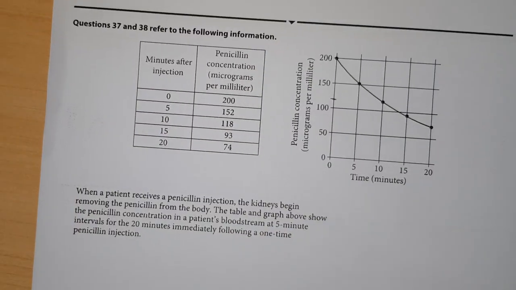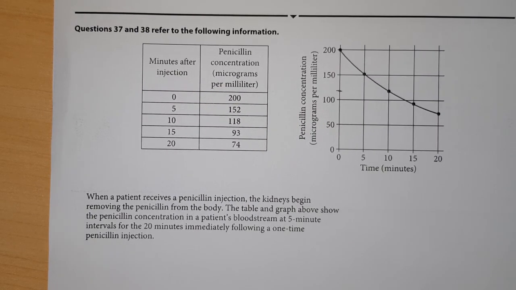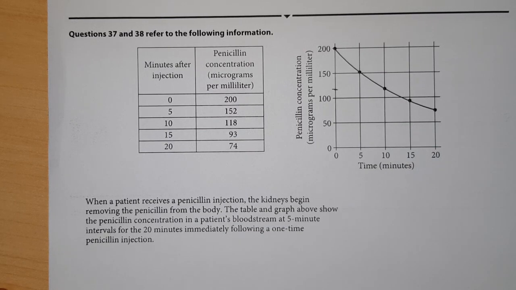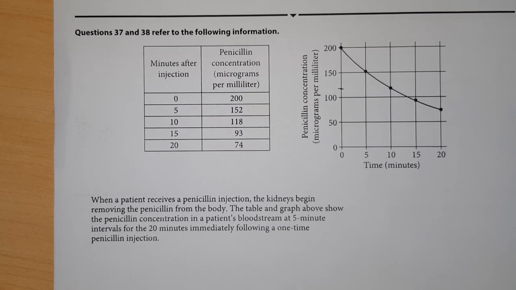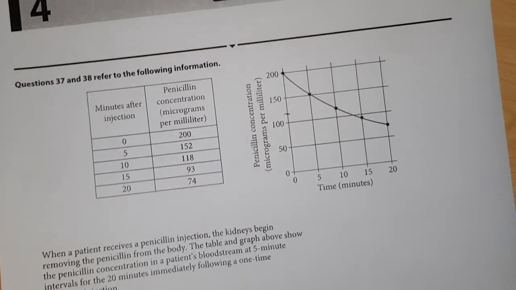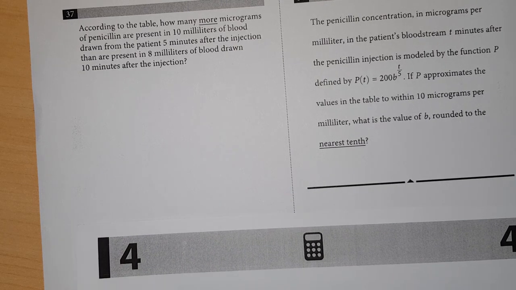Finally, question number 37. I have a graph and a table for penicillin concentration after injection. Read this graph carefully, and go to questions 37 and 38 based on this graph.